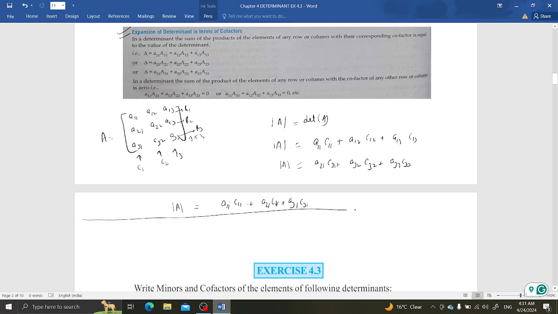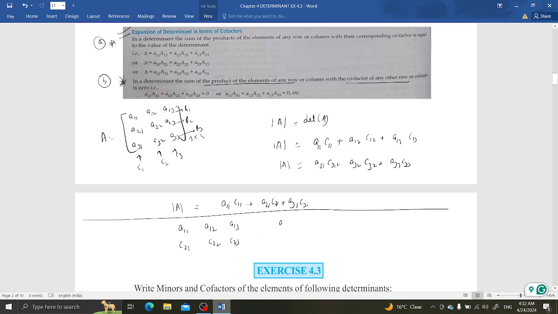Now the main thing we have here, this is also the main thing. You have actually two parts, A and B, for this topic, expansion of determinant in terms of cofactors. In a determinant, the sum of the products of the elements of any row or column with the cofactors of any other row or column is 0. That means suppose you take the elements of the first row, a11, a12 and a13, and the cofactors of R2, that is c21, c22, c23.